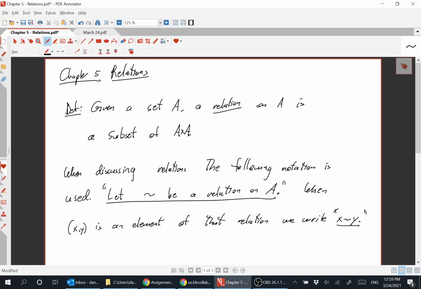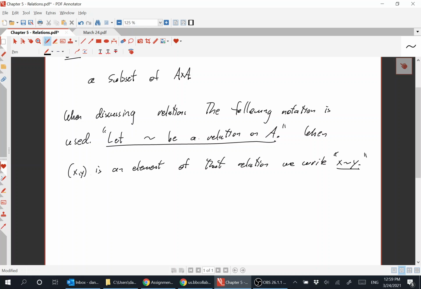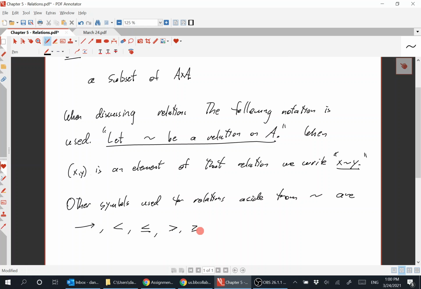So that's one symbol that's used. Other symbols that are used for relations, aside from tilde, are a right-facing arrow, this symbol, this symbol, this symbol, or this symbol.